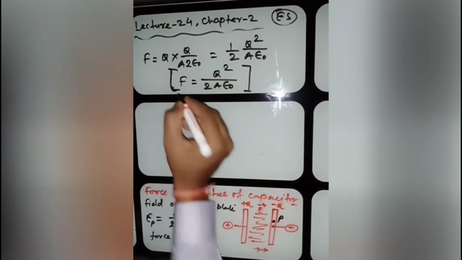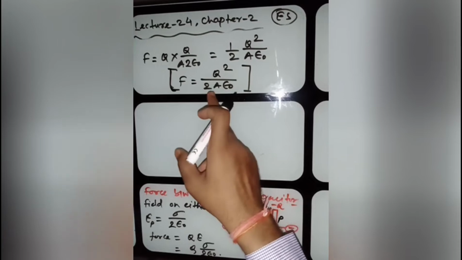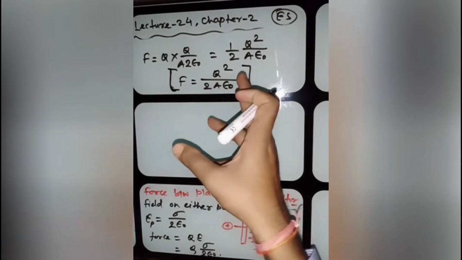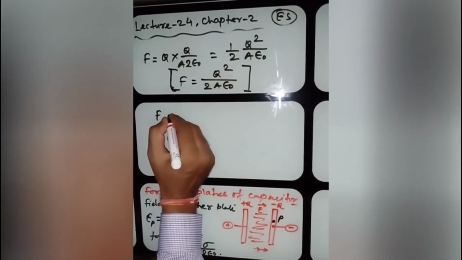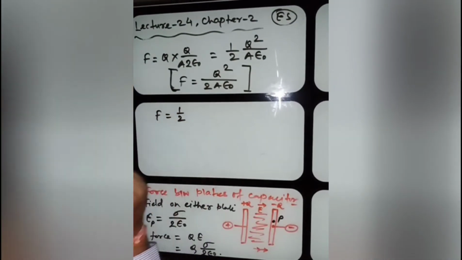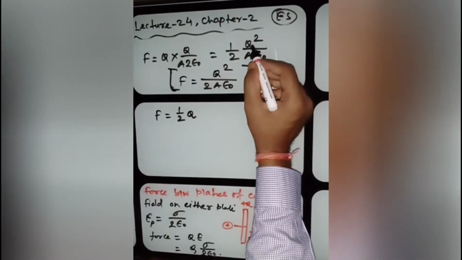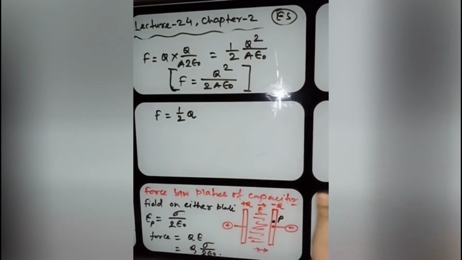Could you write this force in terms of electric field also? Yes, you can, and this will be F equals half times Q times Q by A epsilon naught, which is the electric field between the plates.